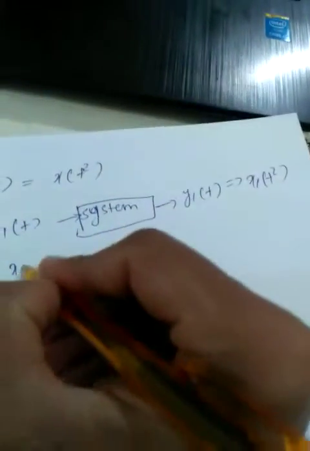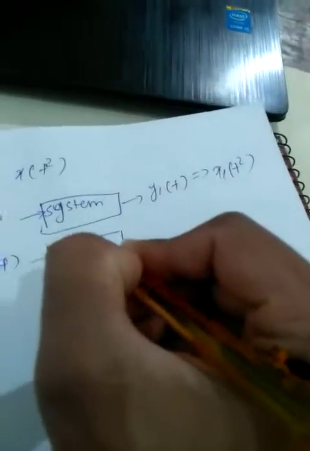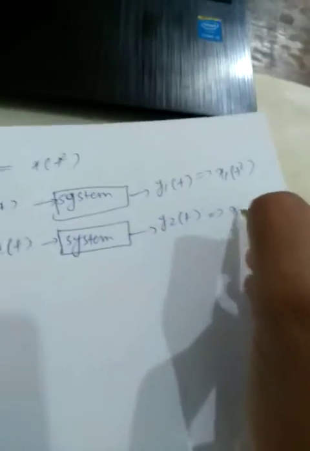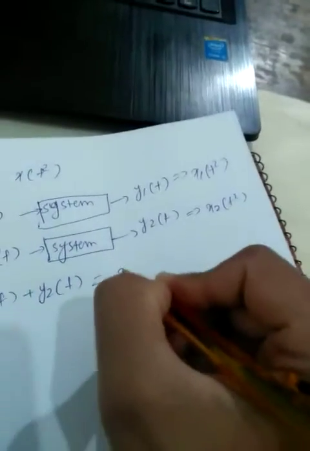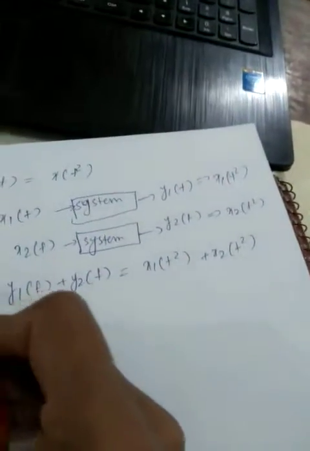Then x2 of t, which is our second input, we pass through the system. This gives us y2 of t, which is equal to x2 of t square. Then y1 of t plus y2 of t is equal to x1 of t square plus x2 of t square. This is the left hand side.